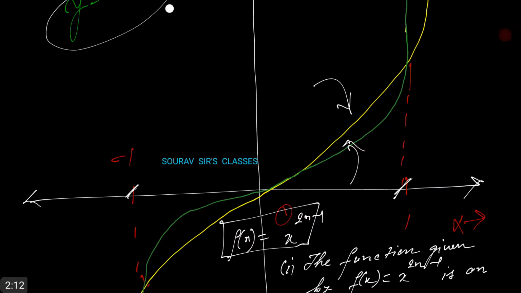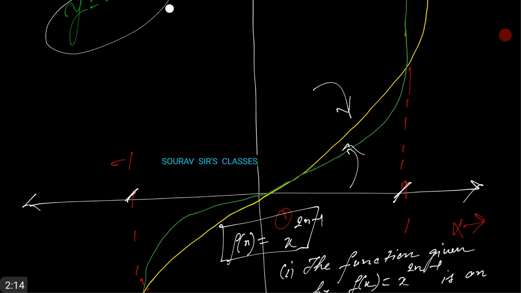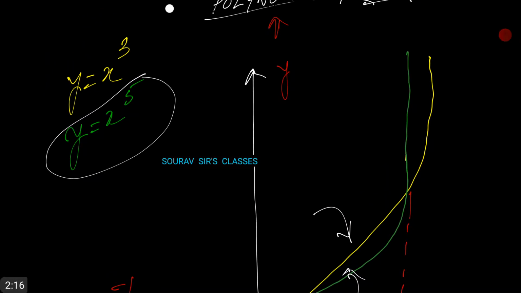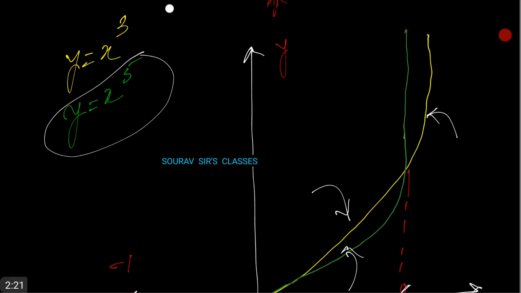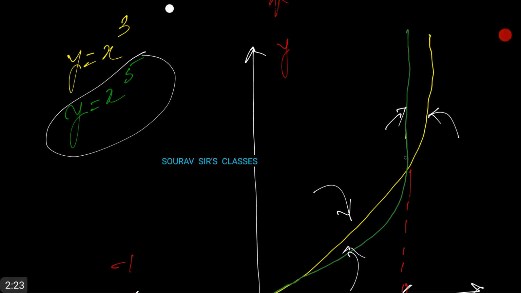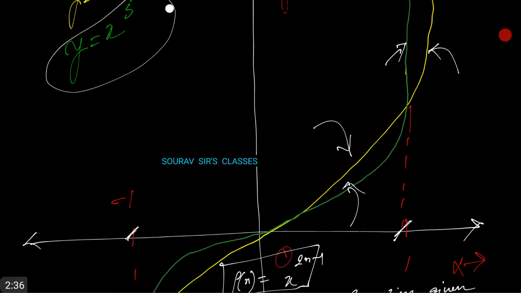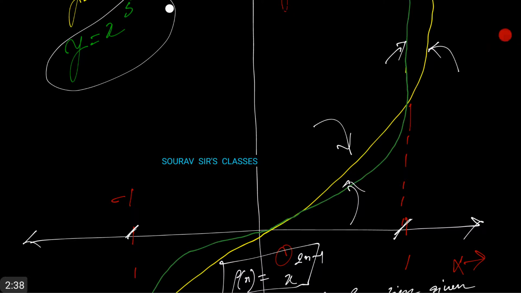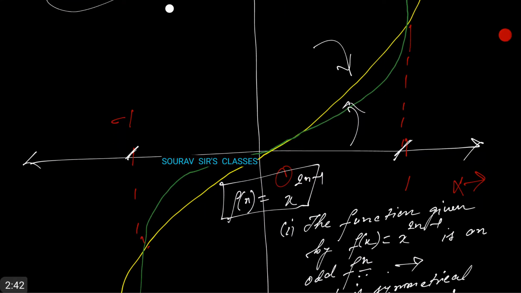After 1, the graph with the lower power bulges out and the graph with the higher power becomes more constricted, as was the case with the last graphs, that are y equals x to the power 2n. The trend is basically the same.